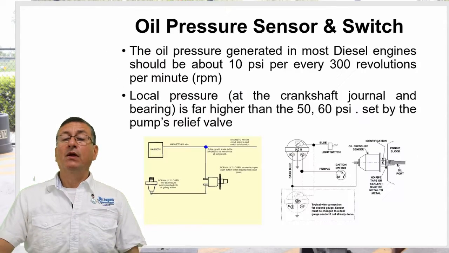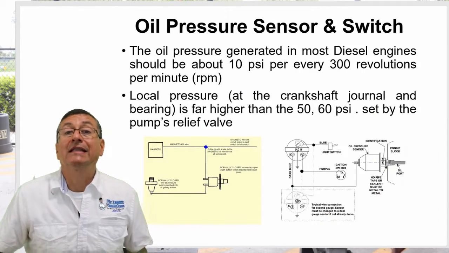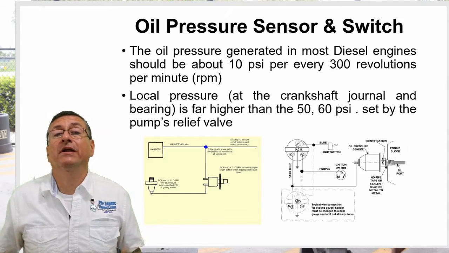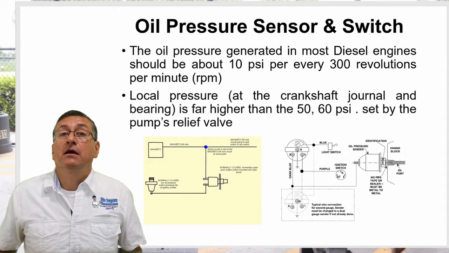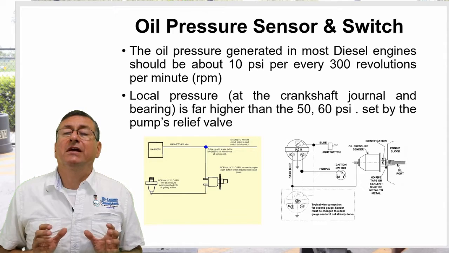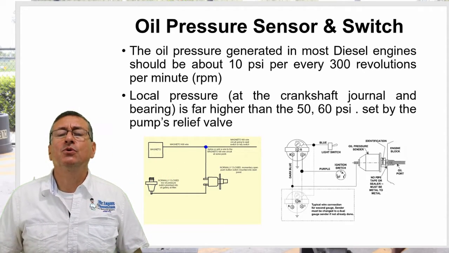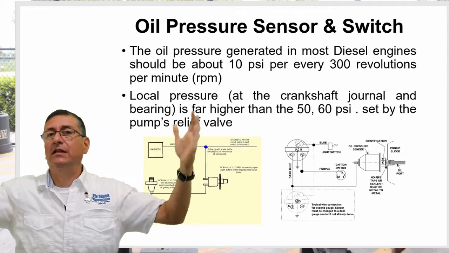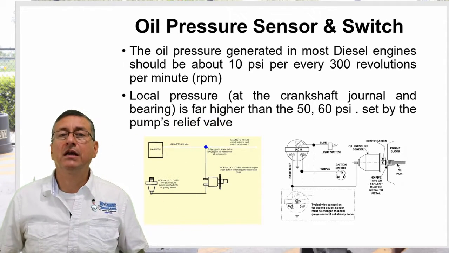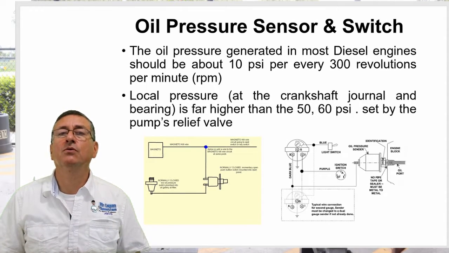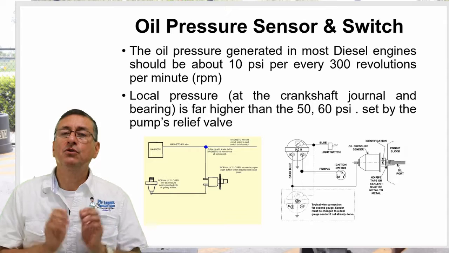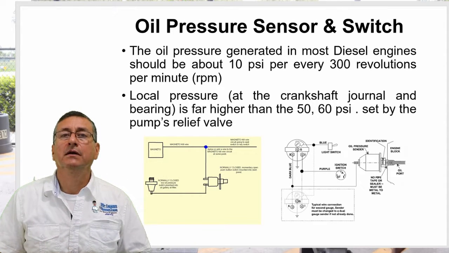Okay, now we are going to talk about the oil pressure sensor and the oil pressure switch. We are going to refresh. You remember in electricity, I explained the procedure to make the harness for a diesel engine or gasoline engine. And in that episode, I explained in detail the procedure to fabricate the harness.